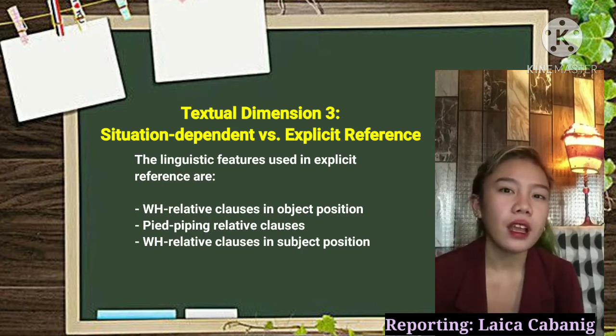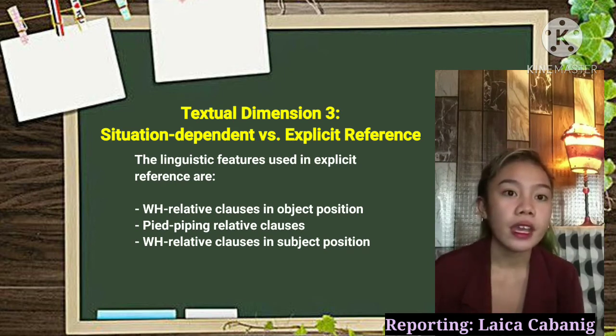These are all devices that can clearly give us information about the text we are reading because they elaborate the identification of the words used in a context.